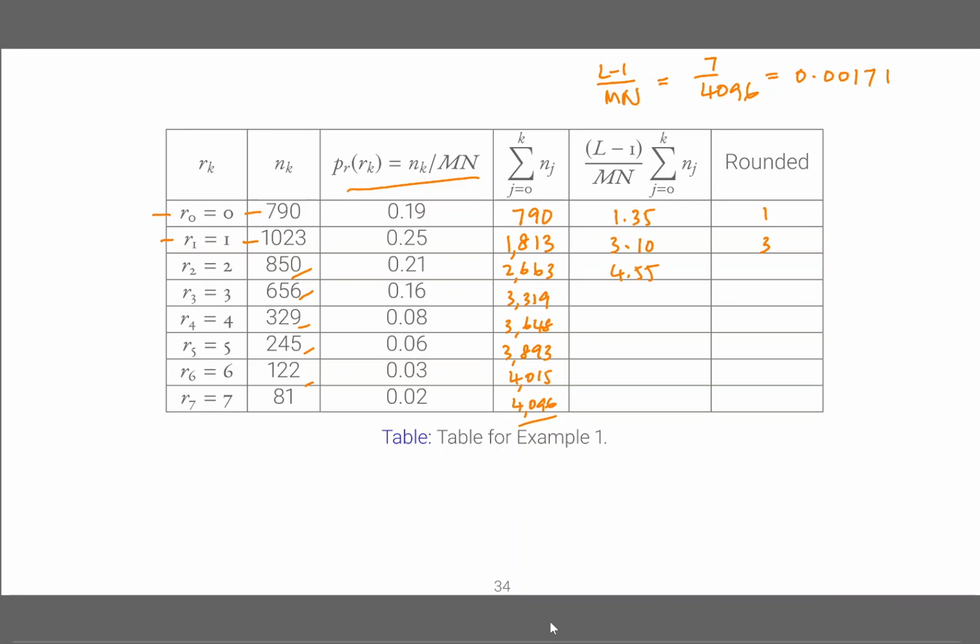.55, round it to the nearest integer, so you would get 5 here.